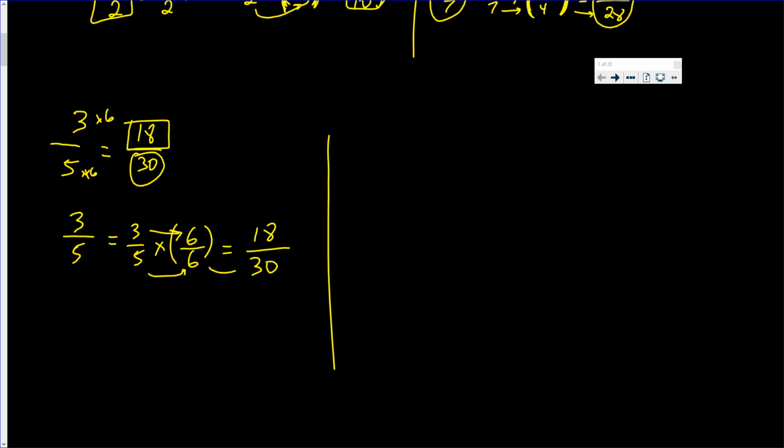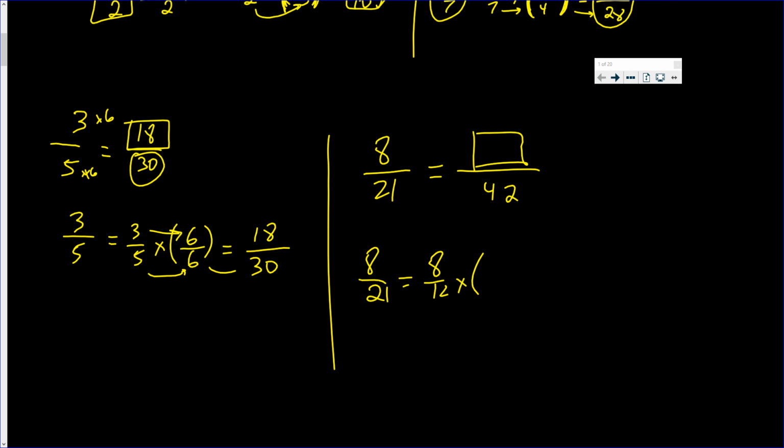Suppose you had 8 over 21, and you want to represent it as something over 42. If you want to change the way a number looks, just take that number and multiply it by 1. I would multiply by 2 over 2.